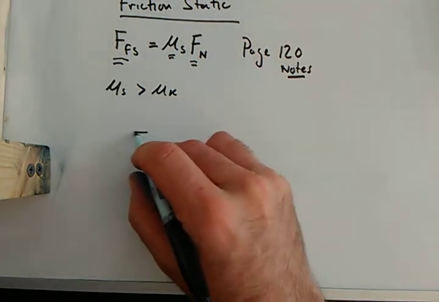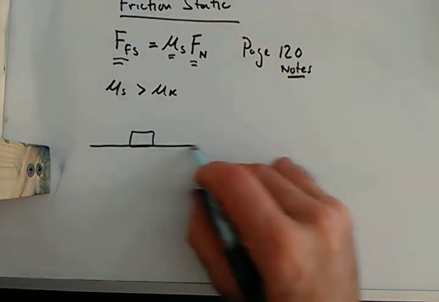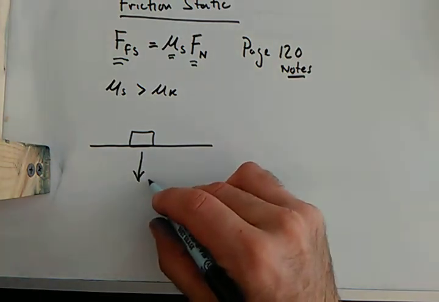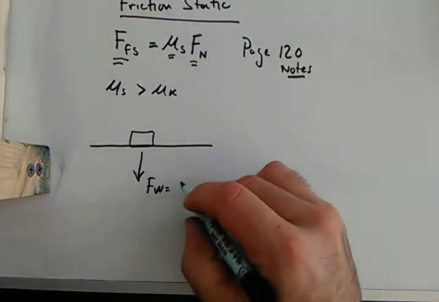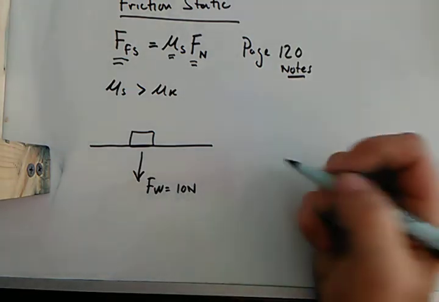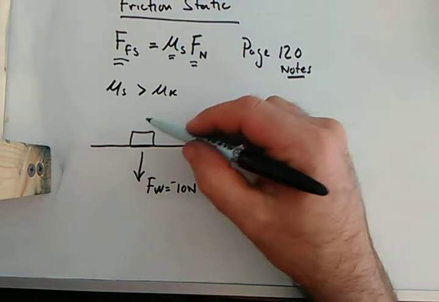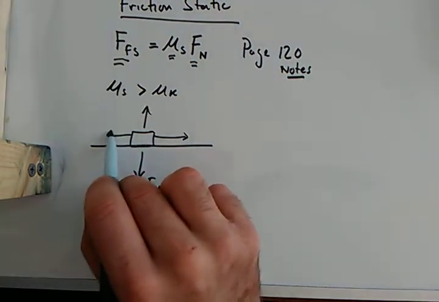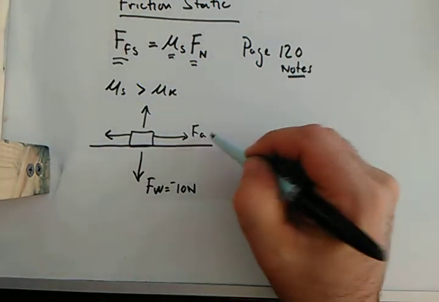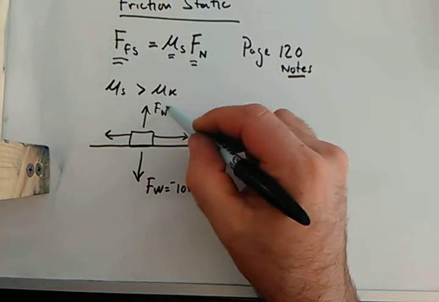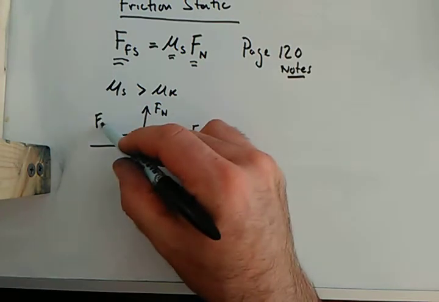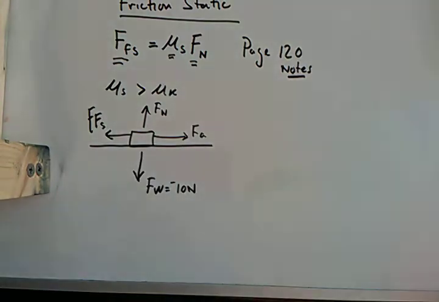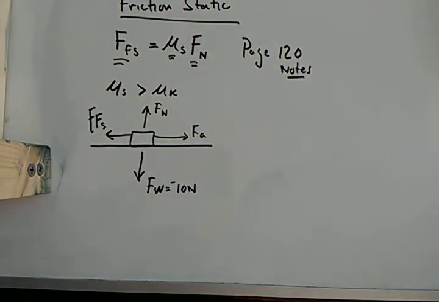Let's say I have an object. It's got a weight of 10 newtons. This is the applied force, this is the normal force, and this is the static frictional force, F_fs.